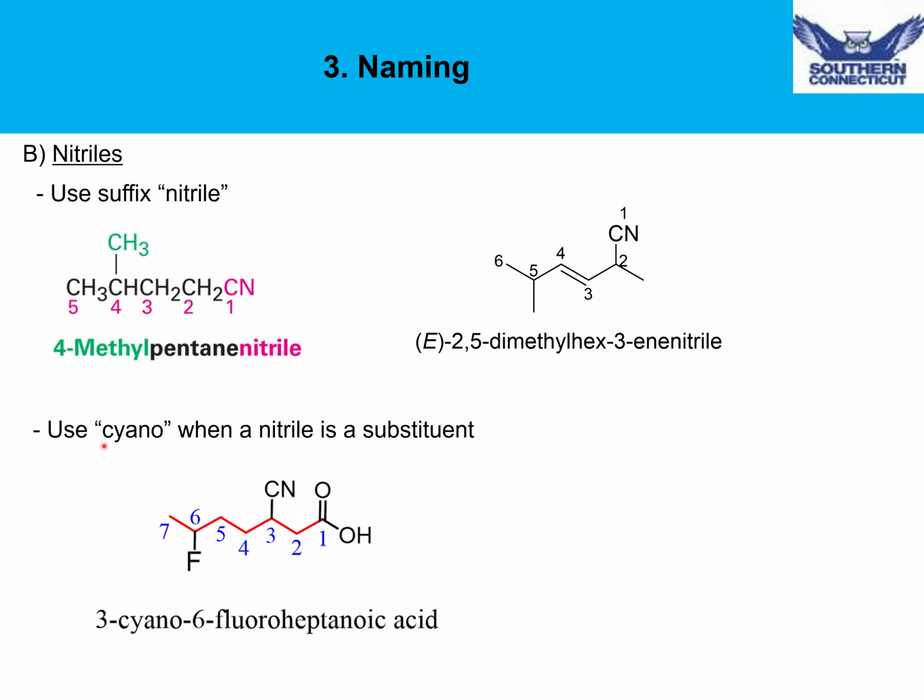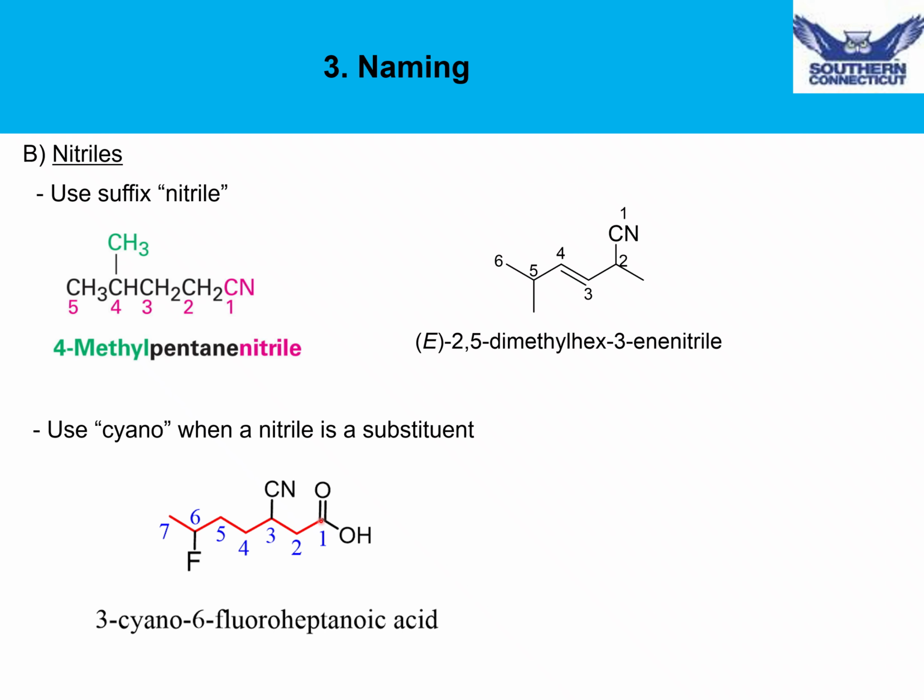Occasionally, we might need to give the nitrile as a substituent in naming a compound. So, for example, a carboxylic acid is a higher priority group than a nitrile, and so for any compound that has a nitrile and a carboxylic acid, the nitrile will be named as a substituent. Here's an example.